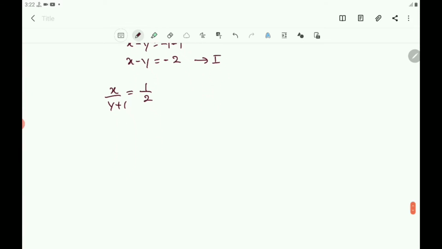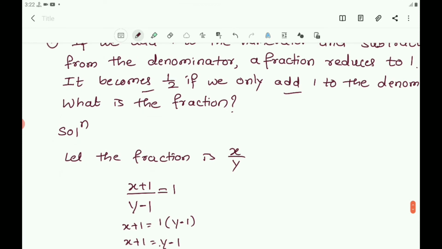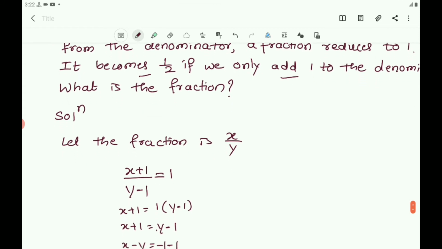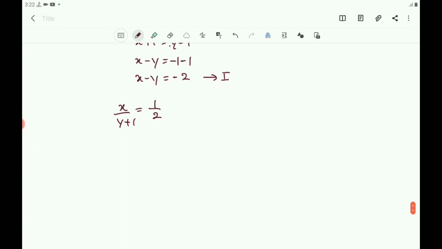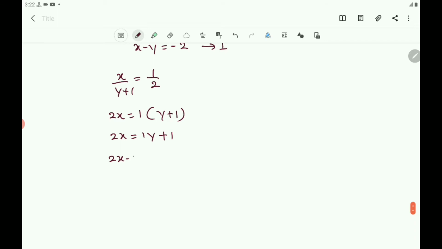Then do the cross multiplication here, that is 2x is equal to 1 into y plus 1. Then it becomes 2x equals y plus 1. Then you will get 2x minus y is equal to 1. This is the second equation.